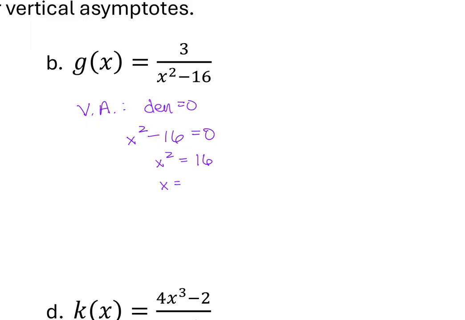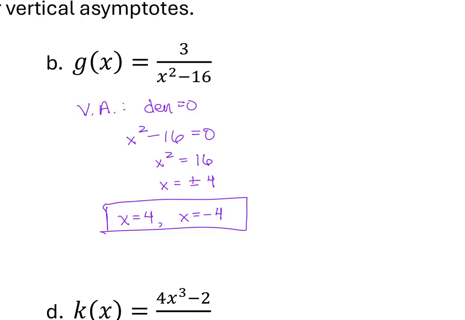If we take the square root, we get x equals plus or minus 4. Now, I do want to be very careful, because remember that these are lines, not numbers. So in homework and on paper assignments, we do want to separate them. These are individual lines. So I'm going to separate this into the vertical asymptote x equals 4, and a second one at x equals negative 4.